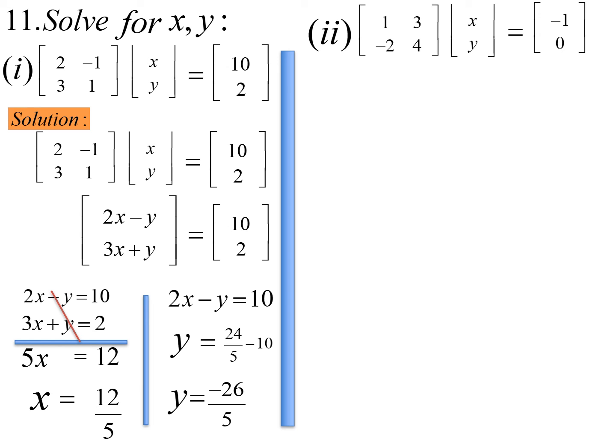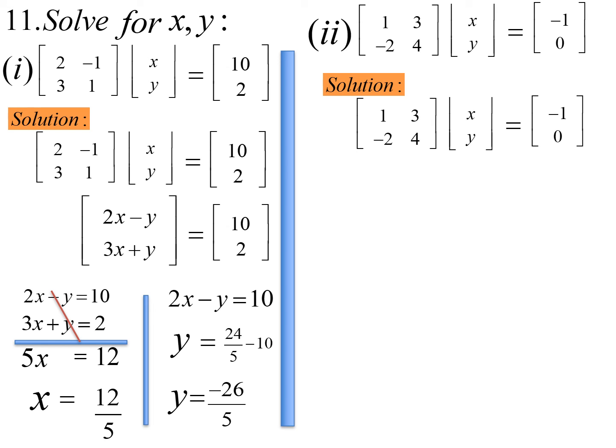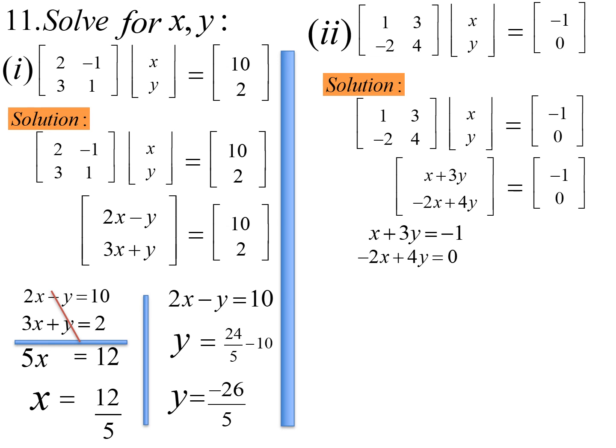Second one, solution. Given the matrix, we multiply the left side: x plus 3y, minus 2x plus 4y equal to minus 1, 0. Equate this.